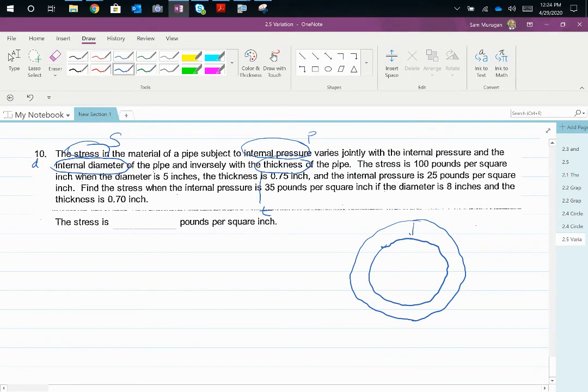So this is T. The internal pressure acting all around here is P. The diameter of the pipe is D. And the stress on the outside is there.